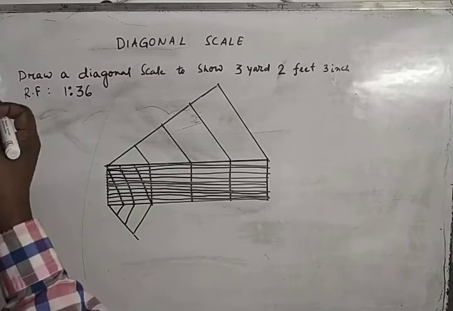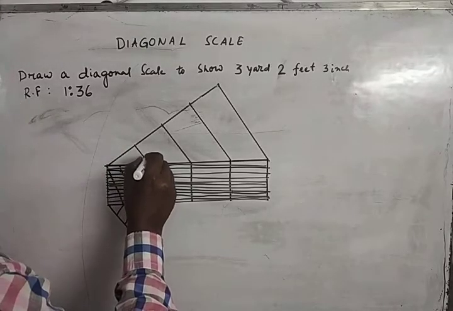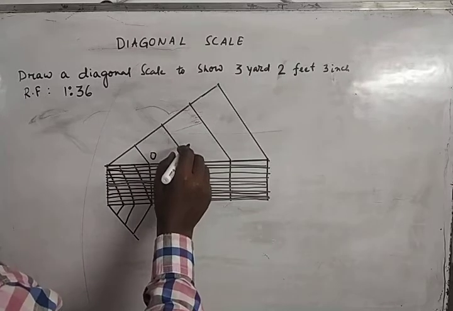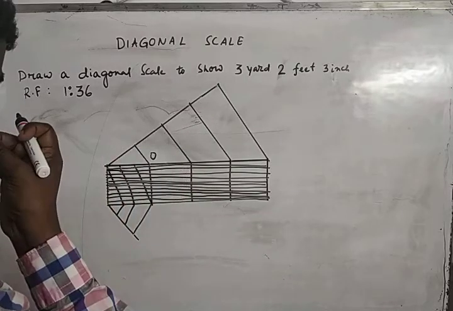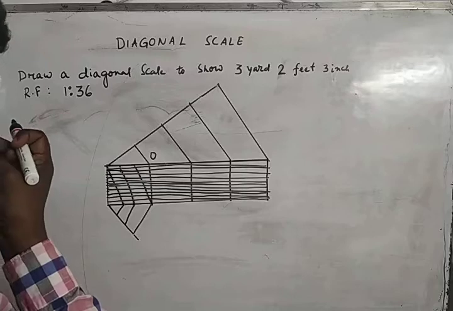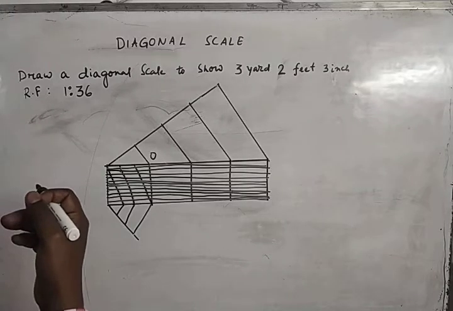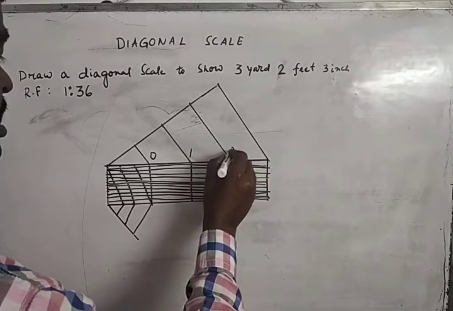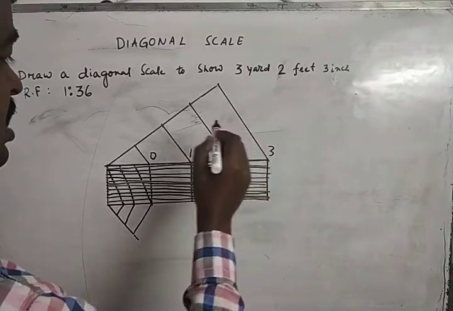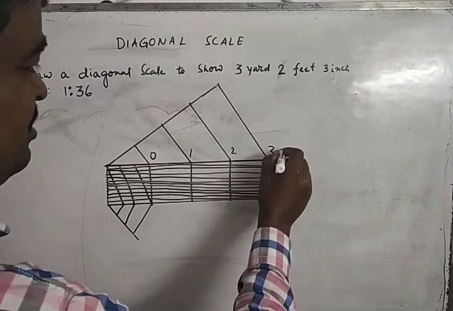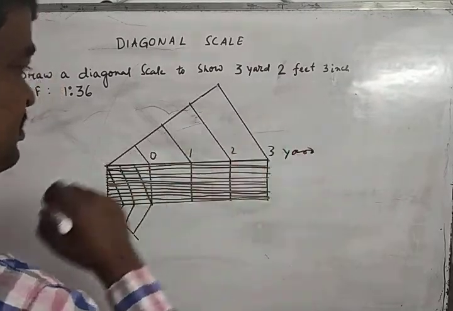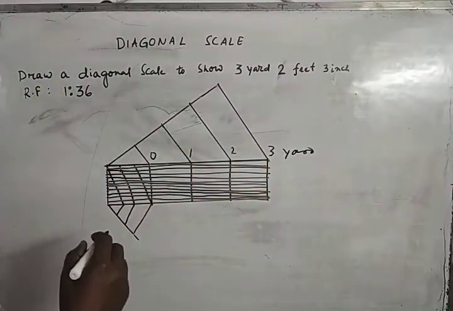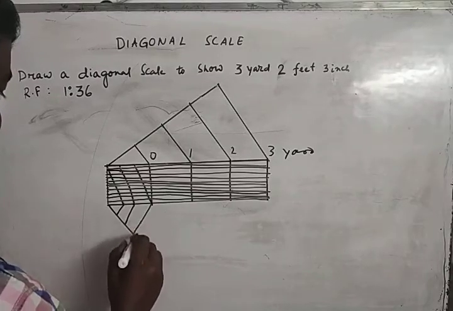So now label this. This one is 0. Here it is 1, 2 and 3 yard. Okay, primary division. Secondary division here.